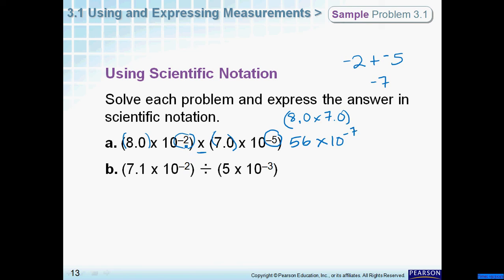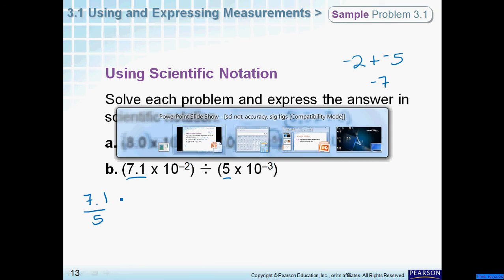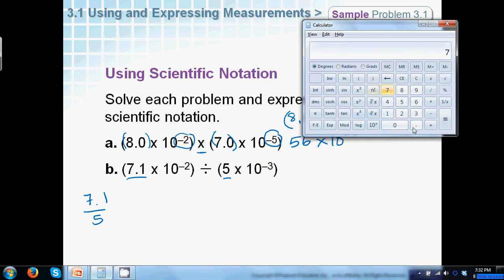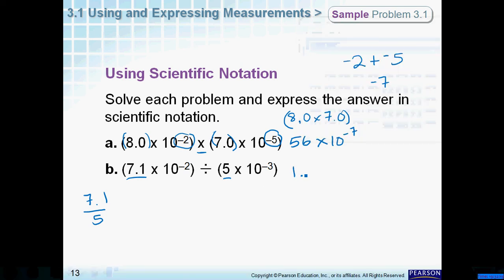All right, the last problem we're going to do today is this division problem. When I divide, I need to start by dividing my coefficients. So I have 7.1 divided by 5. I can't do that in my head, so I'm going to get my calculator. 7.1 divided by 5 comes out to 1.42. So I have 1.42 times 10.